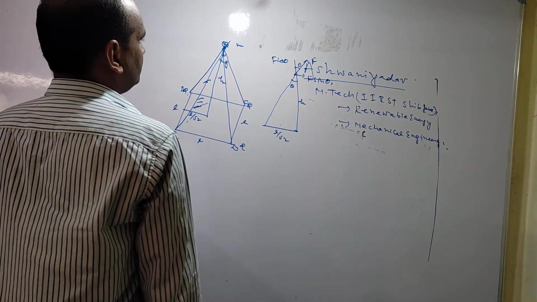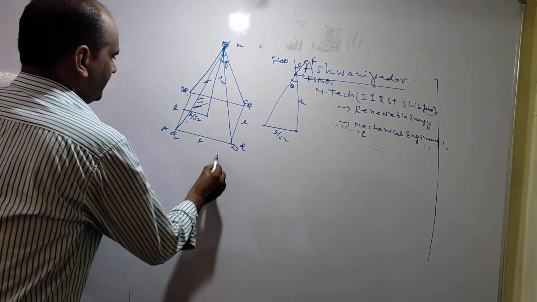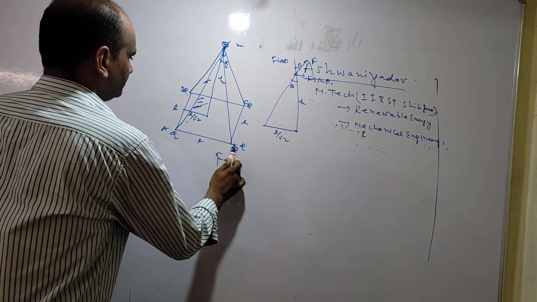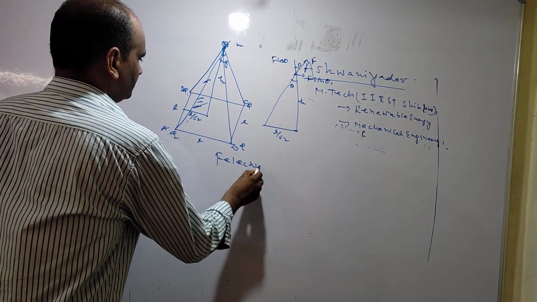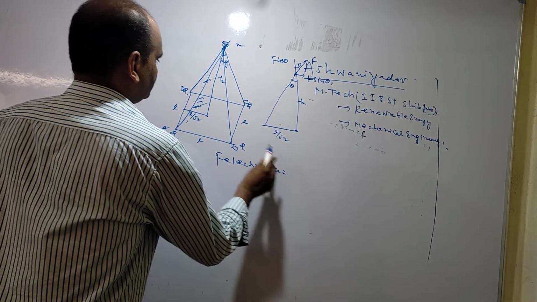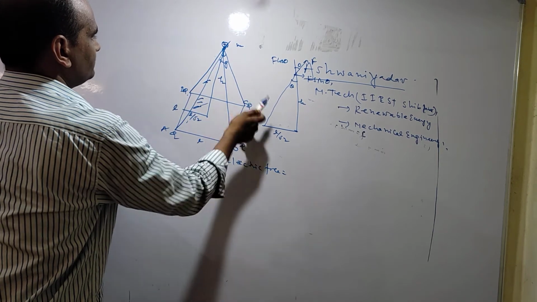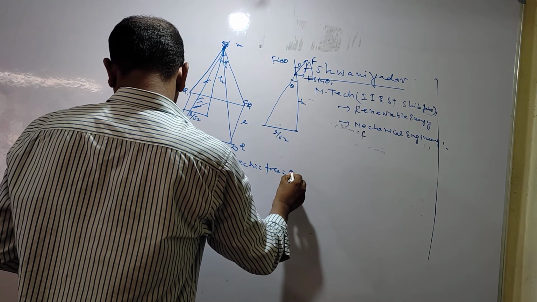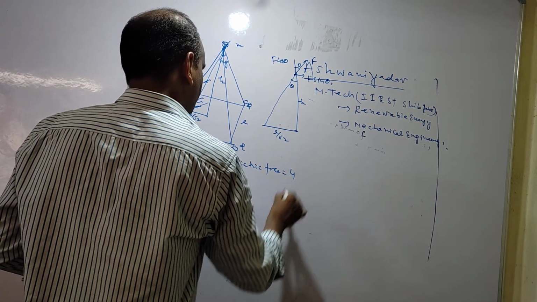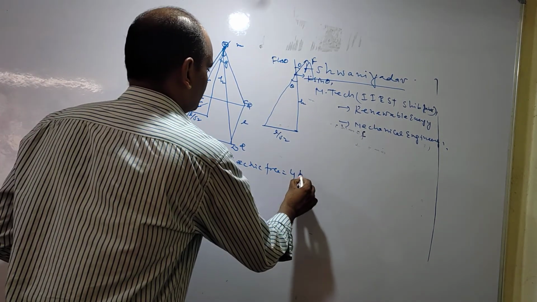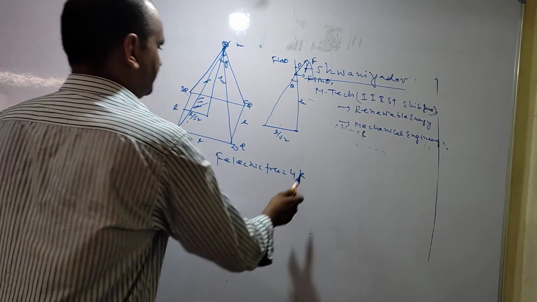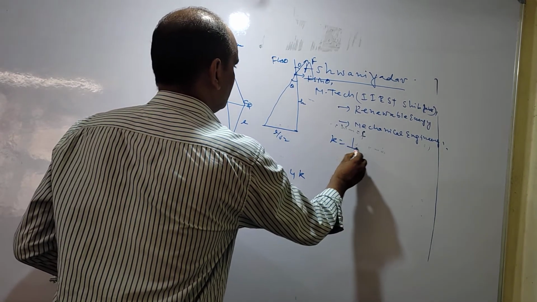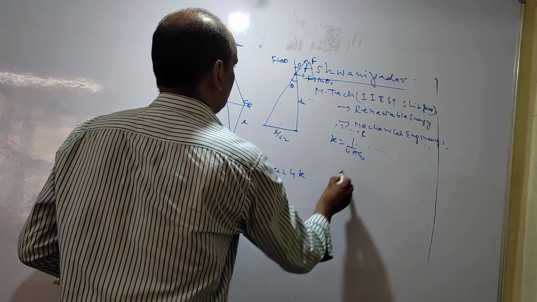Okay, so the electric force due to 4 point charges will be 4 K, where K is the constant, K stands for 1 by 4 pi epsilon naught.